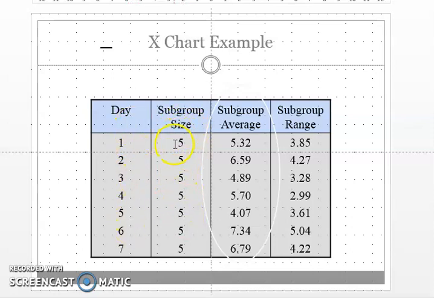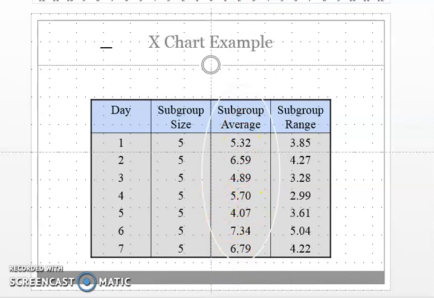Subgroup size is 5, which means on one day they have randomly taken 5 readings, and this is the time and this is the range. Here this is X bar 1, X bar 2, the mean of this subgroup, mean of subgroup 2, 3, 4.